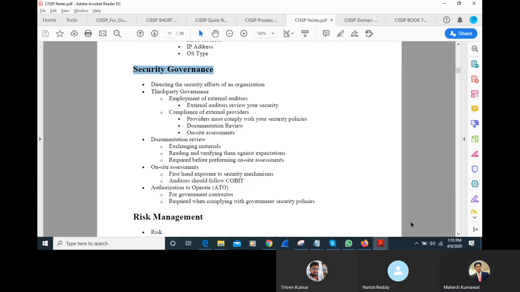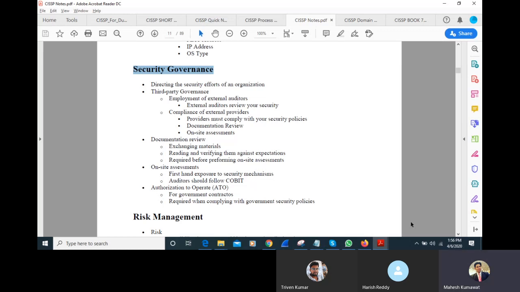In document review, they exchange materials and documentation, reading and verifying them against expectations before performing on-site assessments. So the document review, the third-party governance, and on-site assessments give first-hand exposure to security mechanisms.